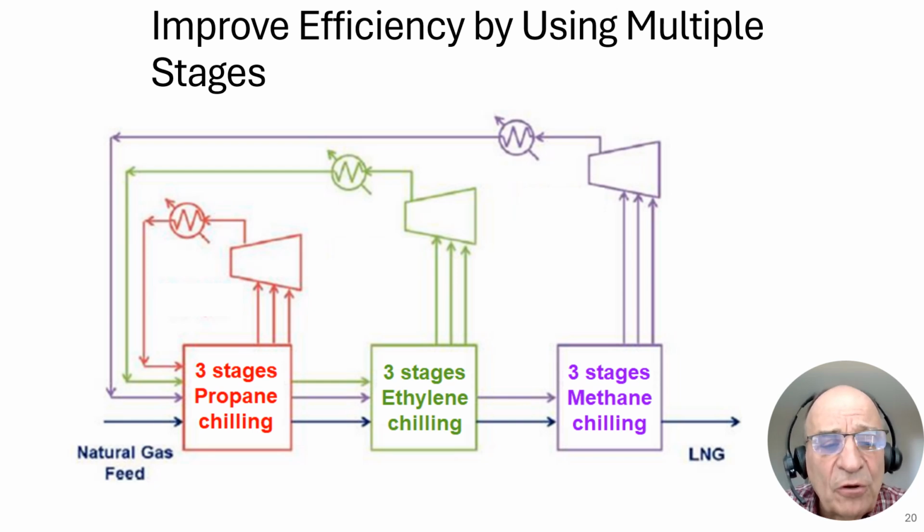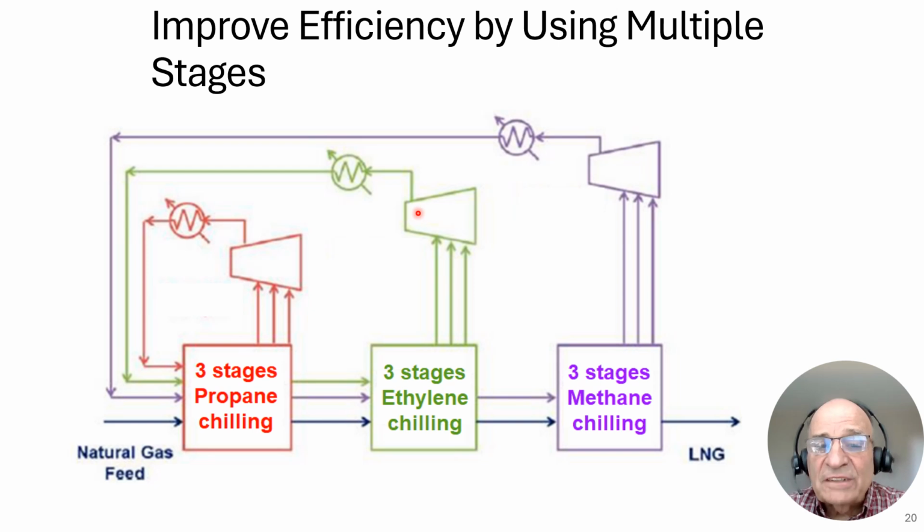So what we saw before was this was somewhere around 27 degrees Fahrenheit. This was somewhere around minus 2 degrees Fahrenheit. This was somewhere around minus 35 degrees Fahrenheit. What's happening in the ethylene chiller? In the ethylene chiller, we have a compressor starting out. It has three separate pressure inlets.